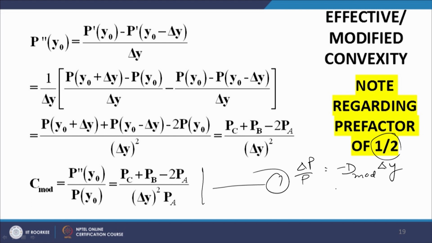There is no problem regarding this, but as far as convexity is concerned, we define modified convexity with this 1 by 2 factor excluded, and that is what is being used here, into delta y squared.